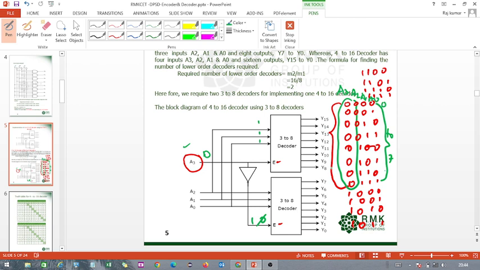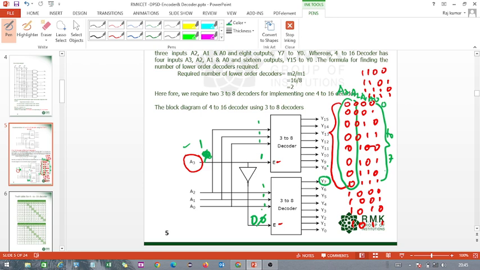Which are the lines? A2, A1, A0. Suppose instead of 0, I give 1, what will happen? Here this will be 0 and this will be 1. So this will be carrying the information 0, 1, 1. Say if I want to enable the 15th line, this is the information. So at a time we will have information 7 and 15.